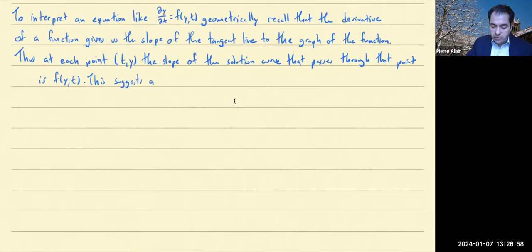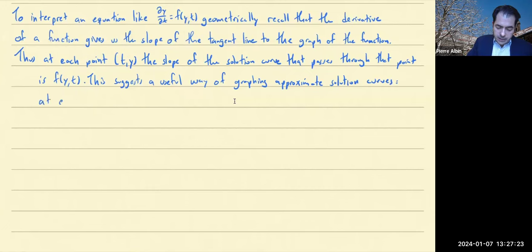This suggests a useful way of approximating, or rather of graphing, approximate solution curves.